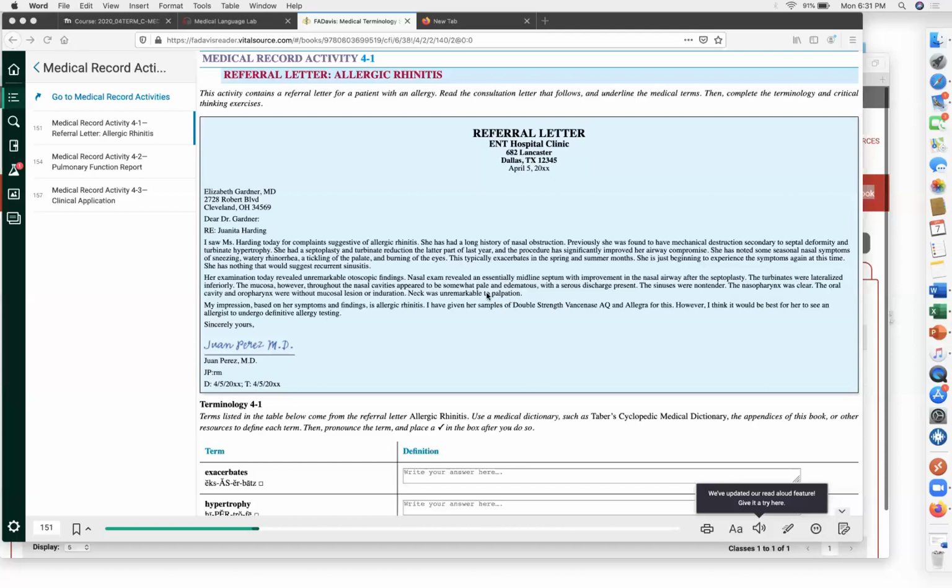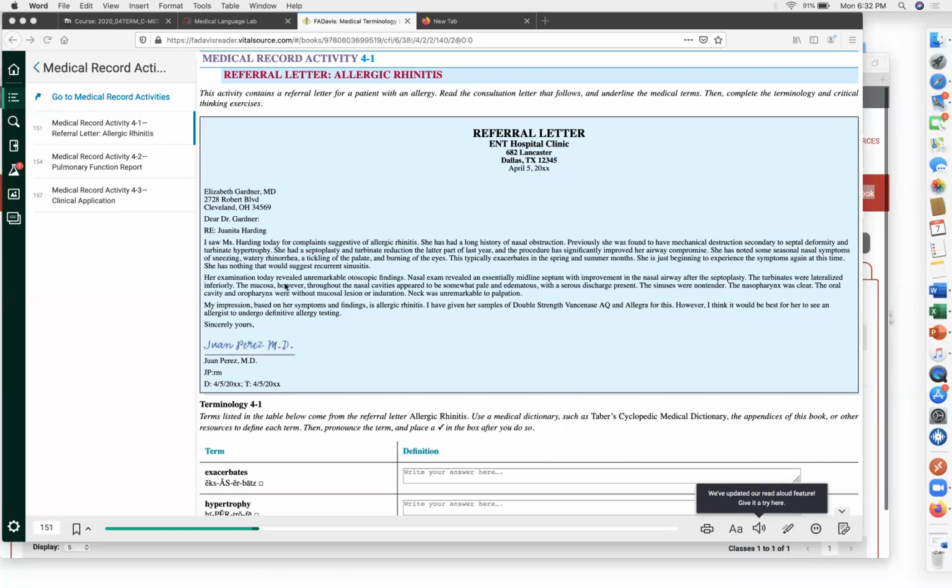This is palpation, and palpation means to feel. So neck was unremarkable to palpation, and sometimes they will also say neck was supple, S-U-P-P-L-E, meaning it was soft. Because if you have any pathologies in your throat or hypertensive crisis or anything of that matter, your neck will be a little bit harder than usual.